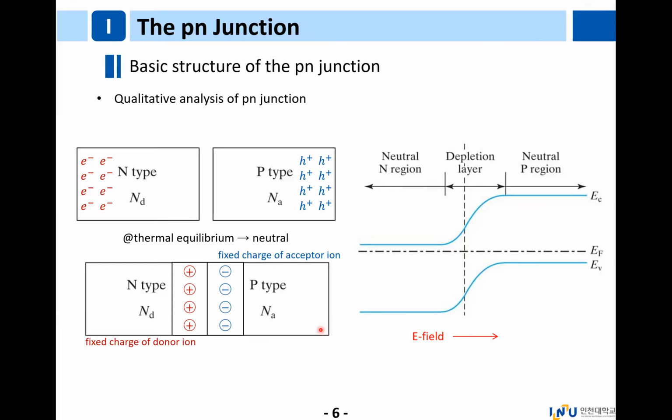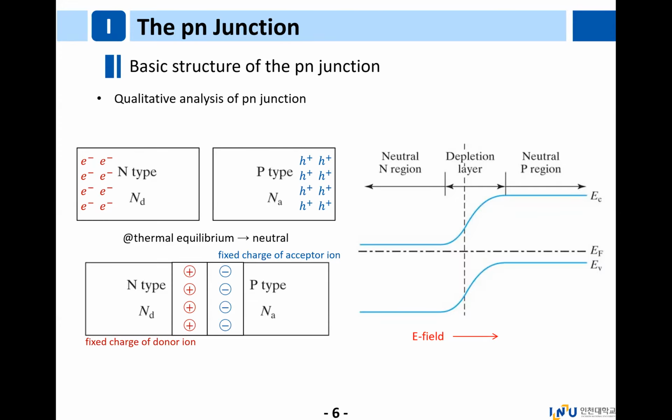In summary, electrons from the n-type region diffuse into the p-type and recombine, disappearing. Similarly, holes from the p-type region diffuse into the n-type and recombine, vanishing.